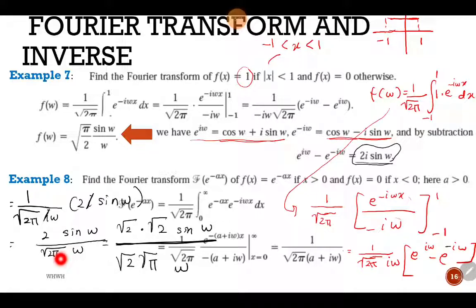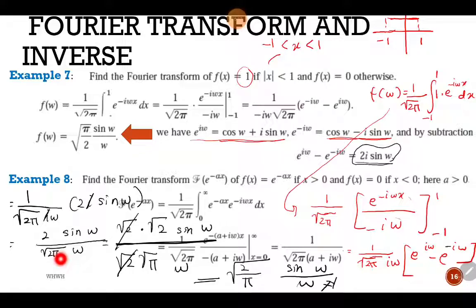So sqrt 2 dengan sqrt 2 boleh cross out dan menghasilkan sqrt 2 over sqrt pi. Boleh tulis juga macam ni, gabungkan sekali, and sin omega over omega. So this is the final answer.